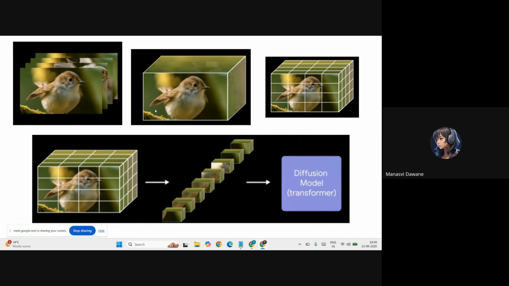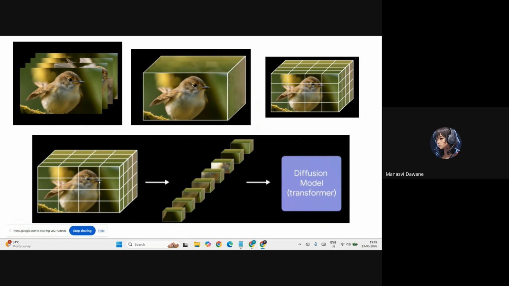And instead of passing in each image separately, which we did earlier, we can break this big cube into a sequence of small cubes or patches. Because these patches span across multiple images in the sequence, they are known as spatial temporal patches. This strategy will enable us to get better temporal consistency.